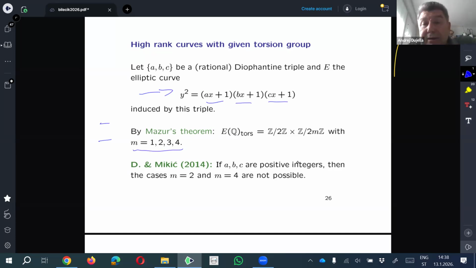But again, whether they really appear or not depends on whether we consider integers or rationals. In the integer case, in joint work with Mile and Mikic, we were able to show that m equal 2 and m equal 4 are not possible.